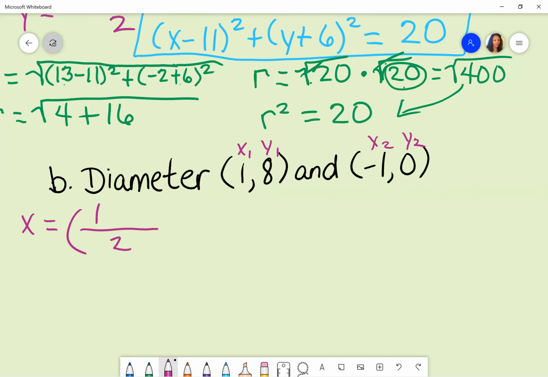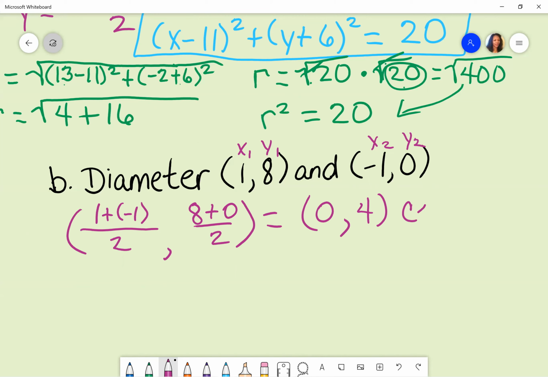So 1 plus negative 1. And then for my y, I'll just go ahead and do them together. My y, I'm going to take 8 plus 0 and divide it by 2. And when I simplify this out, I end up with 0 divided by 2, which is simply 0, and 8 divided by 2, which is simply 4.